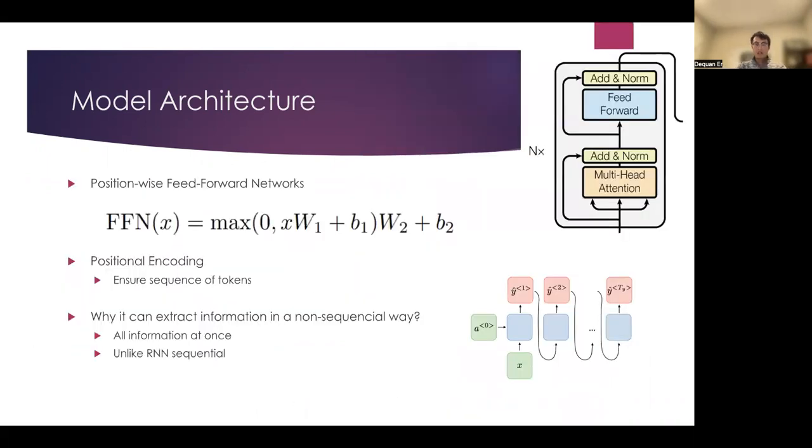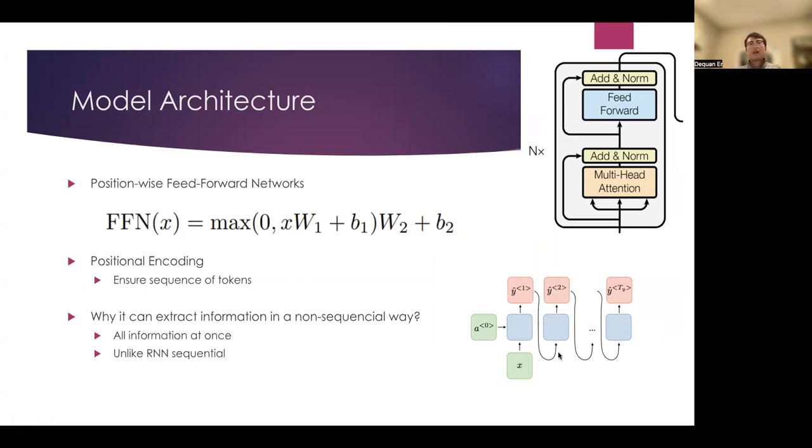So why is this an advantage over the previous models? One thing I mentioned is the previous model is sequential training, let's say the recurrent neural network. You have the word coming, you have this hidden layer, and then their output will be the input for the next layer.